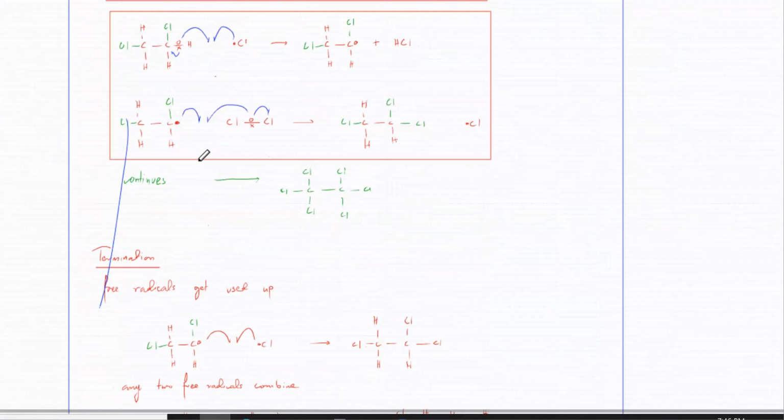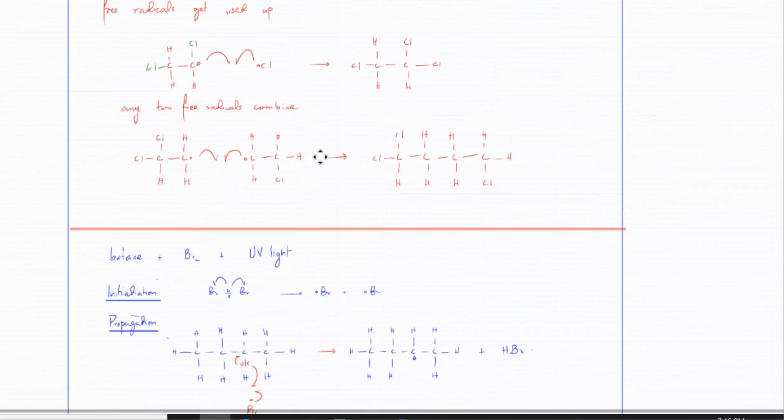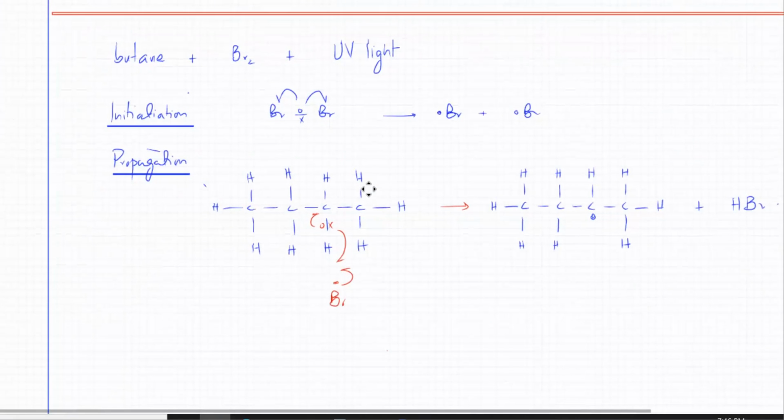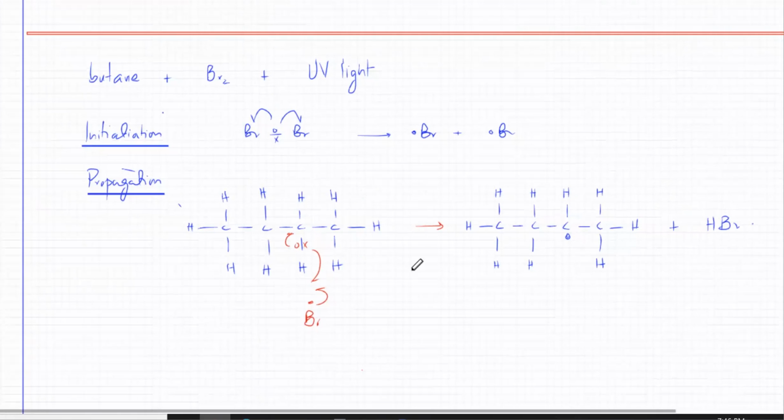So when I drew this butane molecule, this time I'm not using Cl2, I'm using Br2, but it's the same thing. Br radicals coming in. My point was that it could steal any of the hydrogen atoms, not just the one at the end, but it could be the ones in the middle as well. So it can steal those hydrogen atoms, take the electrons and bond with them and form HBr. And the carbon in the middle would lose its H, so it would turn into a radical. Is that clear?